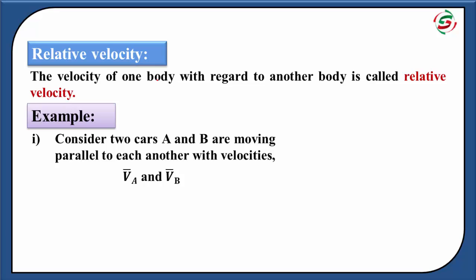Two cars move on a double road. VA and VB are the velocities of the two cars moving parallel to each other. The relative velocity of A with respect to B.